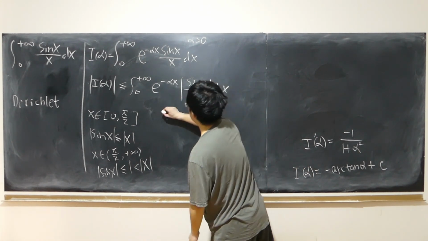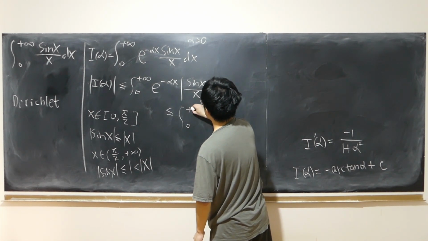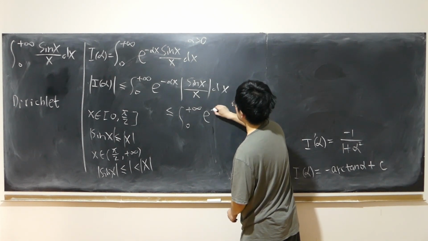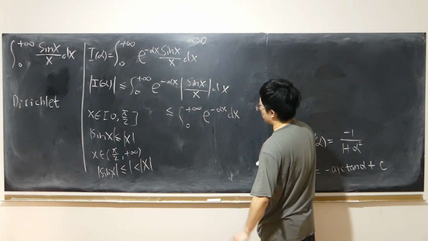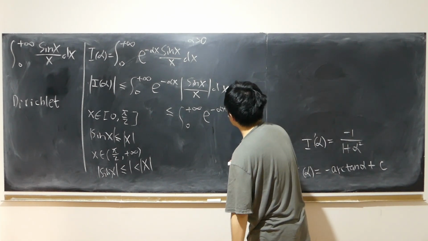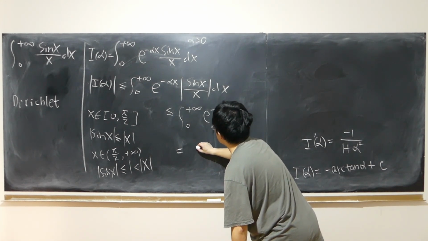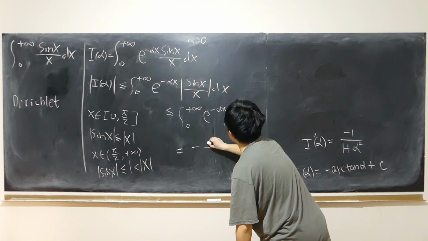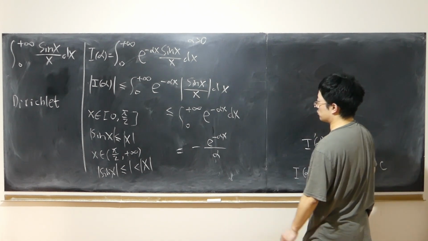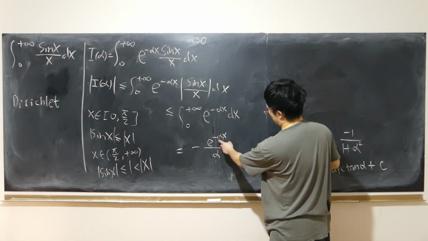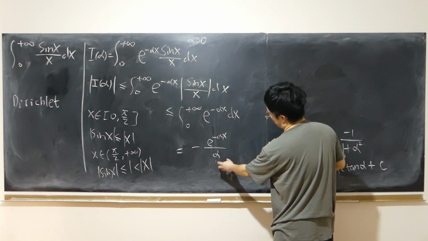So that is less than or equal to the integral from 0 to positive infinity of e to the negative alpha x times 1 dx. Definitely bounded above, and this is easily calculable. This is equal to negative e to the negative alpha x over alpha. Double check, differentiate that: the negative alpha comes out by the chain rule, cancels out the negative alpha at the bottom.